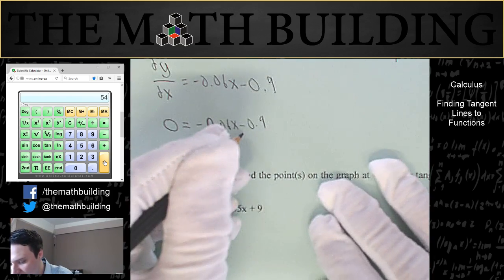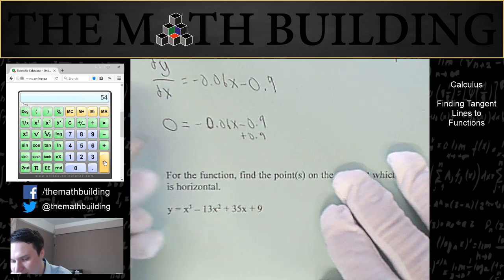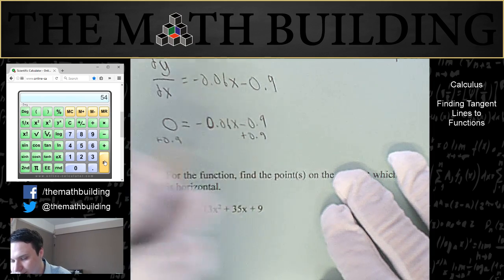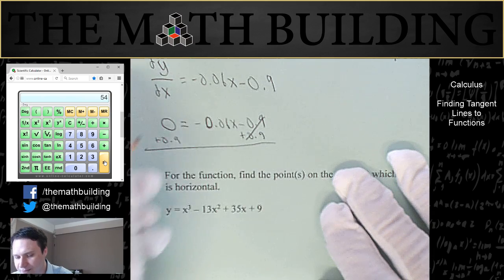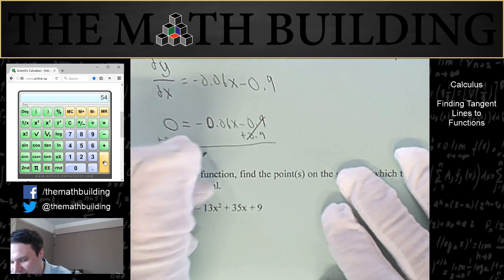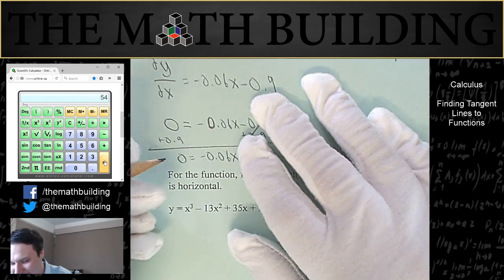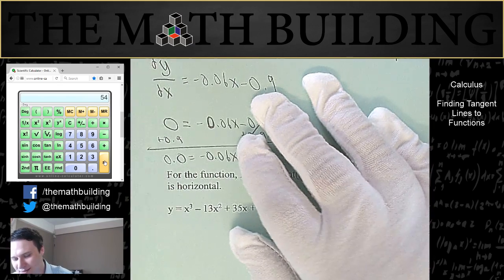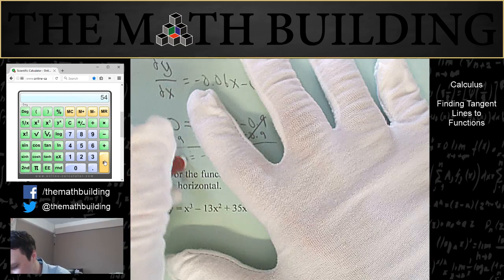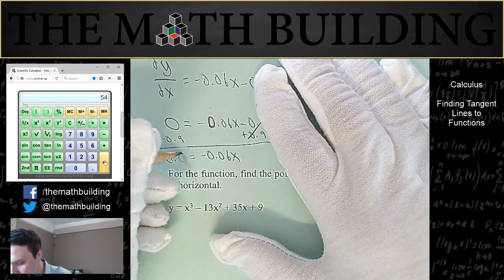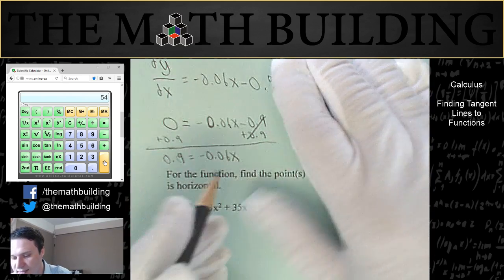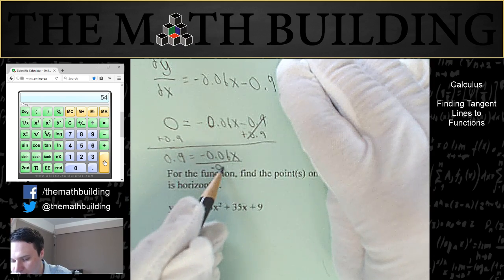So let's do it. Let's add 0.9 on both sides. Cancel. And we get 0 equals negative 0.06x. And in fact, that should be 0.9, so apologies for that. And finally, we just divide by negative 0.06.